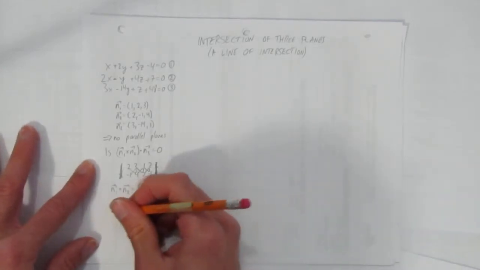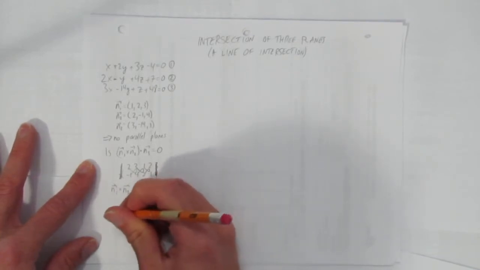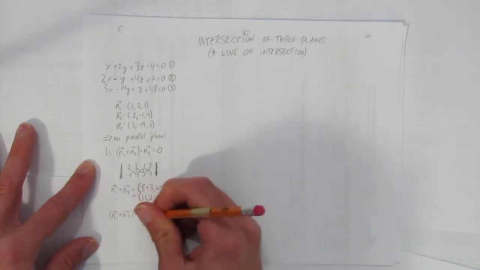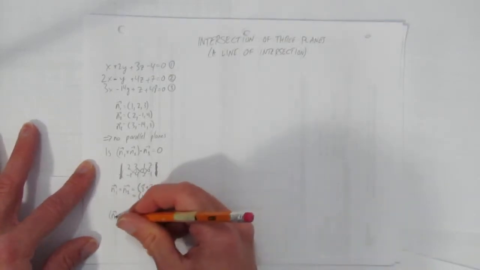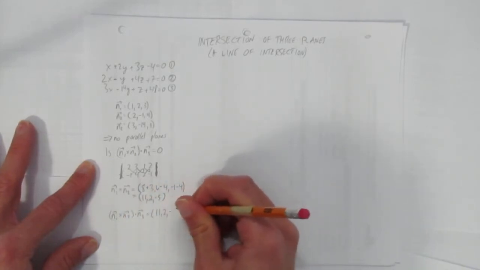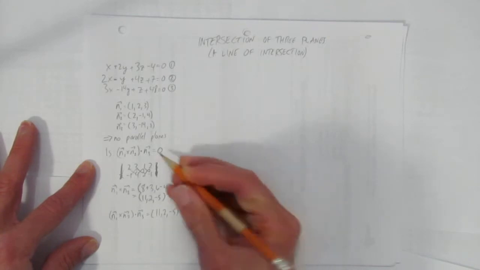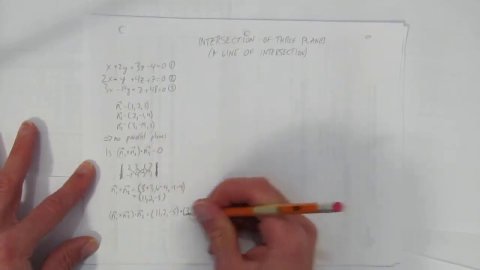Okay. So now let's calculate n1 cross n2 dot with n3. Please watch the video on dot product if you don't know what I'm doing here. I take my n1 cross n2 vector, that was 11, 2, negative 5, and I dot product with n3, that's 3, negative 14, and 1.